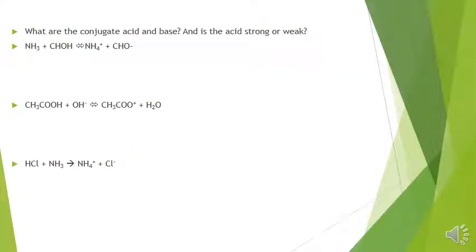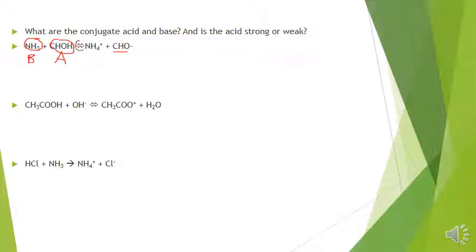Right, so let's take a look at these three examples and find out what the conjugate acid and base is. So if you look at this guy up here, you can see that this substance here loses an H. It becomes this, so this is the acid. You see that this guy gains an H, so it's the base.